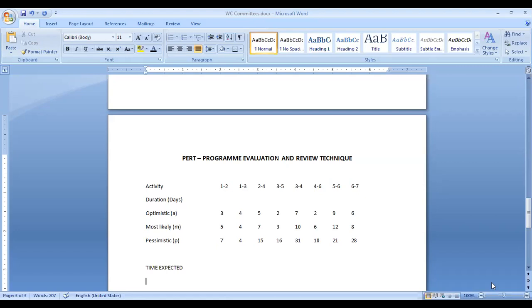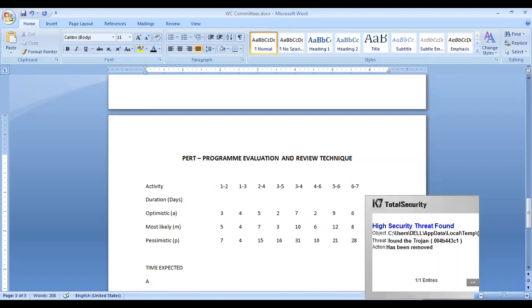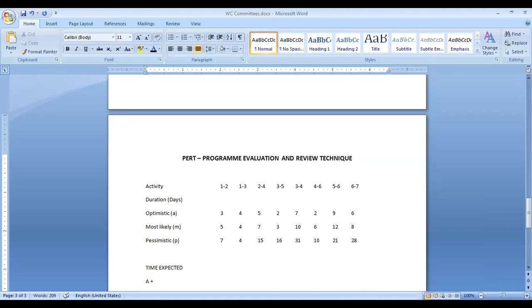The time expected formula is A plus 4M plus B, divided by 6, because the sum of the weights is 6.